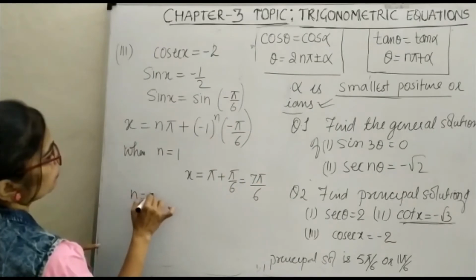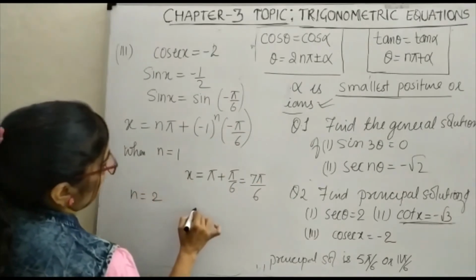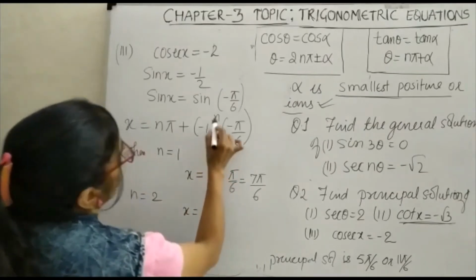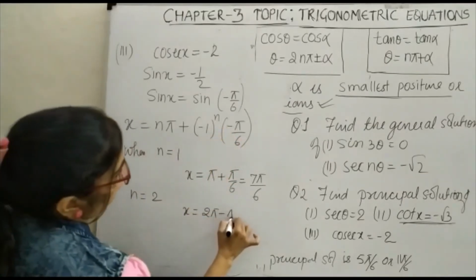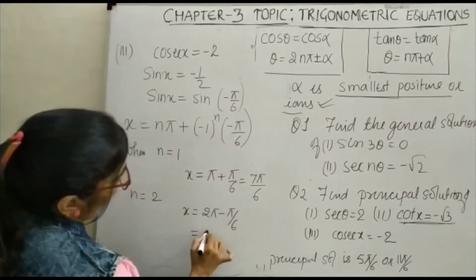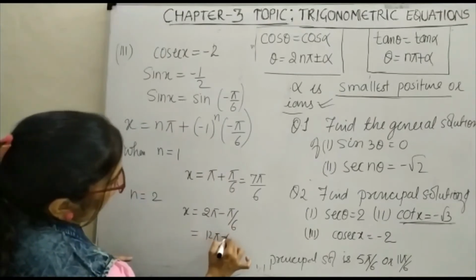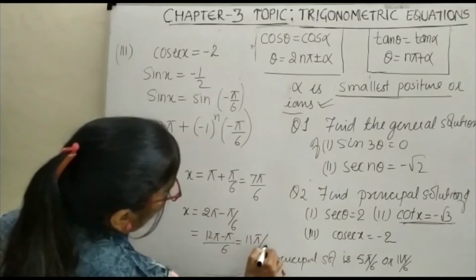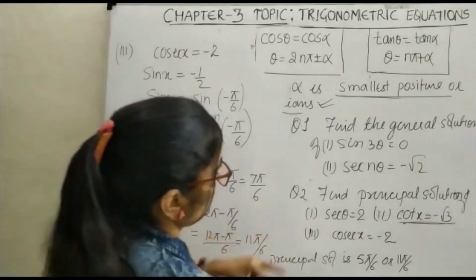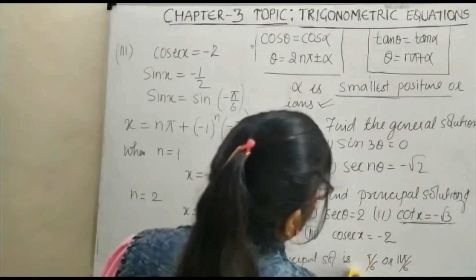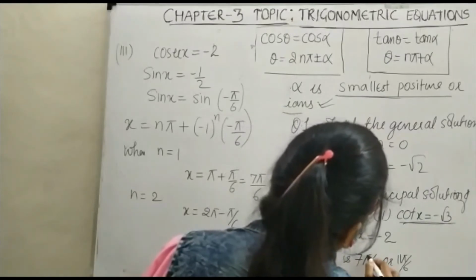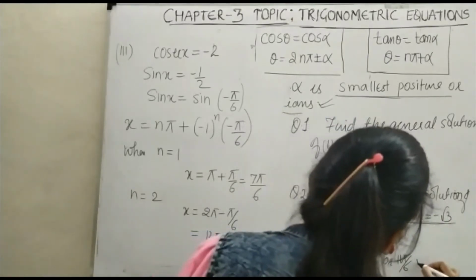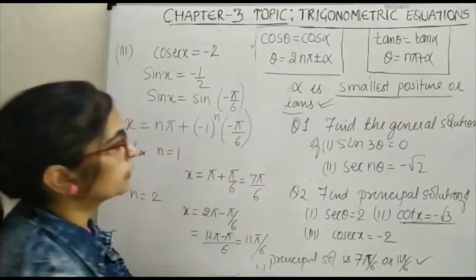When n is equal to 2, then this becomes x is equal to 2π, यहाँ पे 2 रहेगा तो positive minus π by 6, and that is 12π minus π upon 6, that is 11π upon 6. Therefore, principal solution for this is 7π or 11π by 6. Okay.